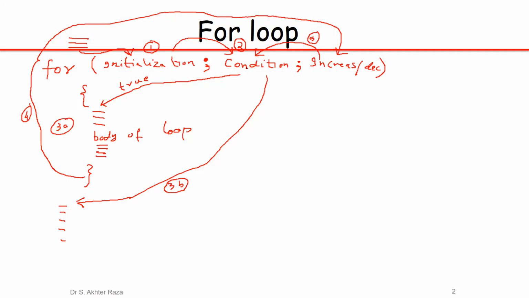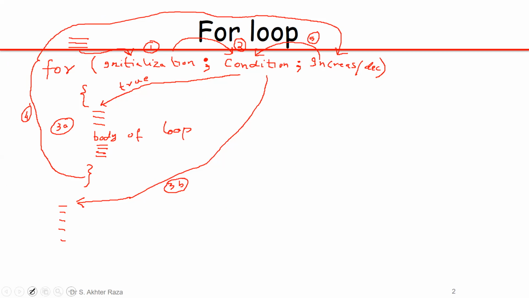And if the condition is true, then again 3A, then 4, then increase or decrease, and then the condition. So every time the condition is tested, depending on whether it is true or false, it goes here or it goes here, right? So this is the repeated task that a for loop is doing.